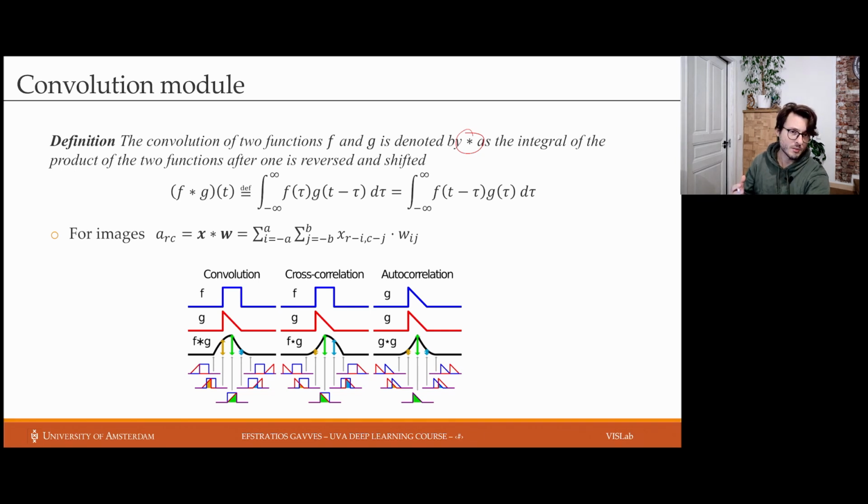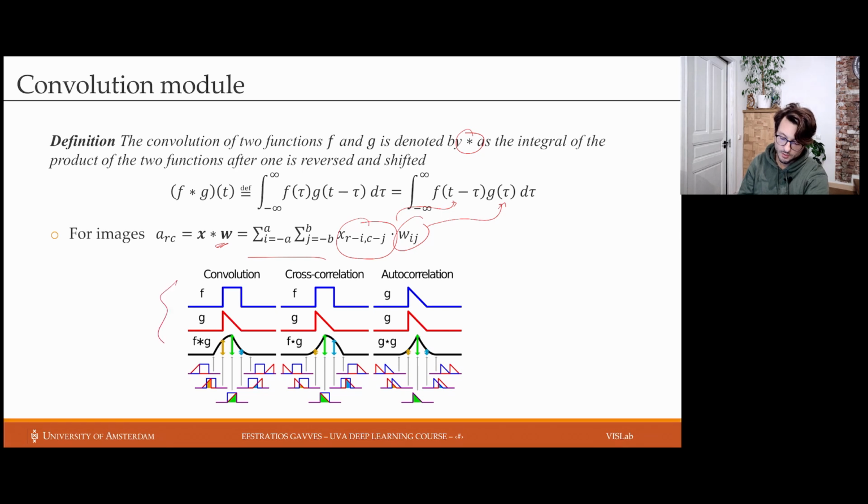Now in the discrete domain, assuming one of the two functions is finite, in our case the weight parameter, this is equal to a finite double summation, right? This is the shifting part here, and this is the filter part here.